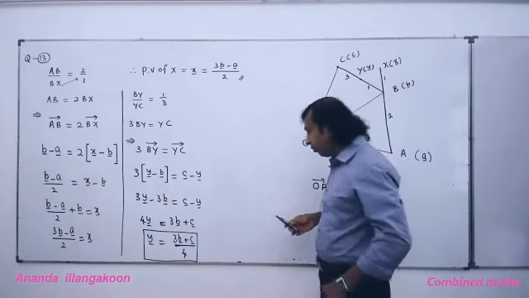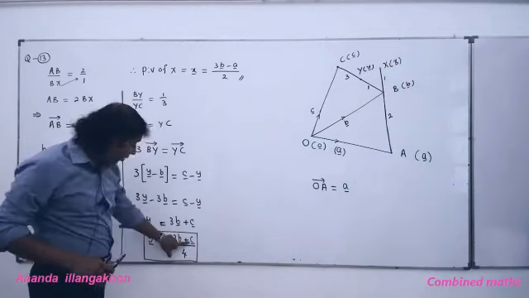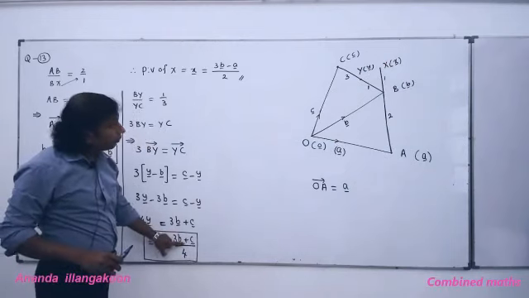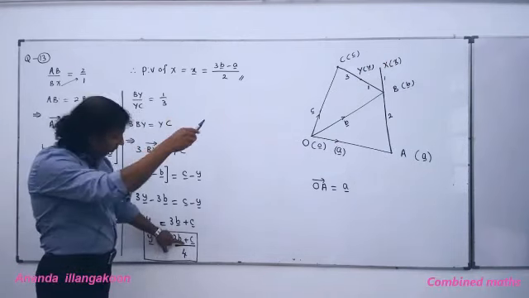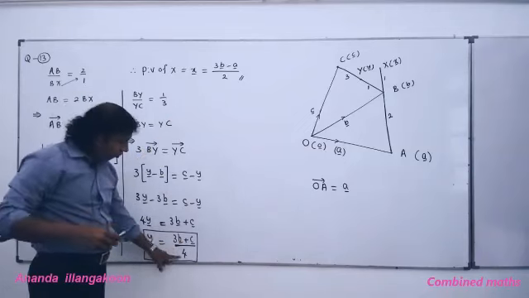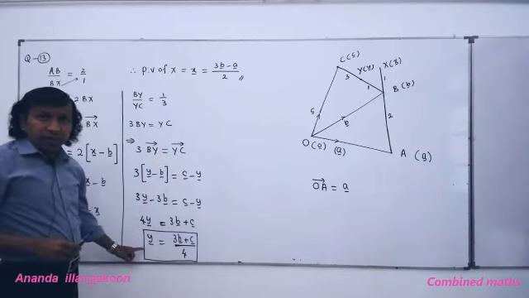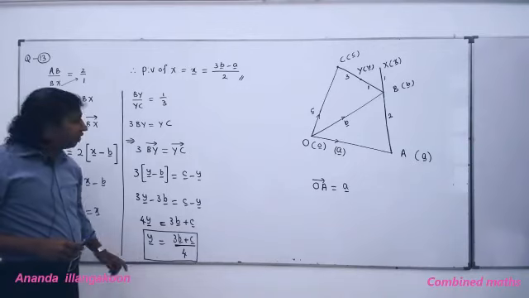Correct here? Look at this. 1 times c here, this is coming. Plus 3 times b, 3b, this is coming, divided by 3 plus 1, 4. We could have taken this simple y vector using the ratio theorem directly in one step.